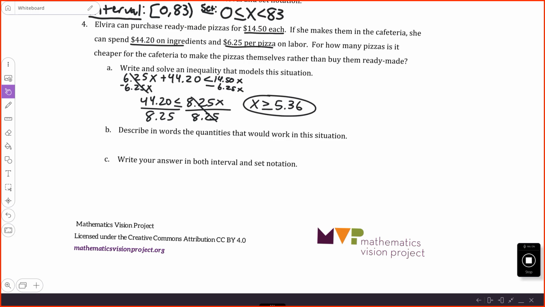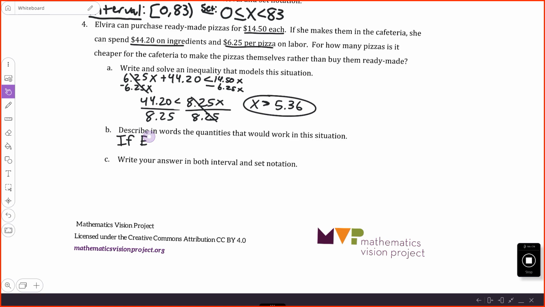Oh, sorry. Cheaper is just less than, so there should be no equal sign. Just greater than. x needs to be greater than 5.36. So describing in words, we can't have 0.36 of a pizza, so we'll round up.